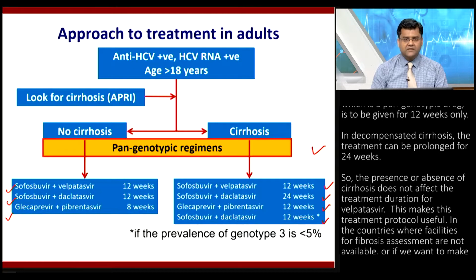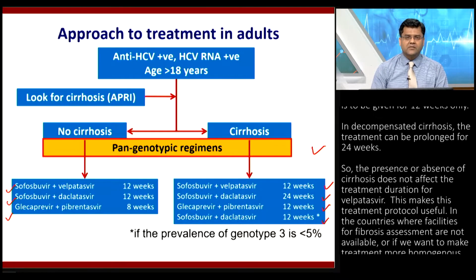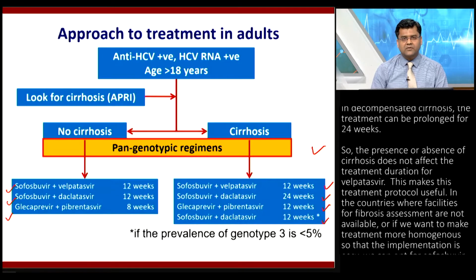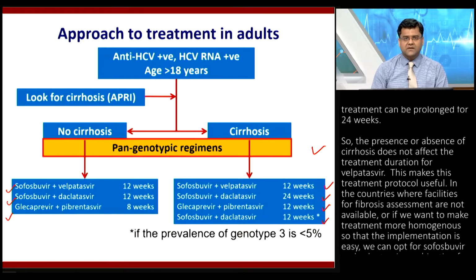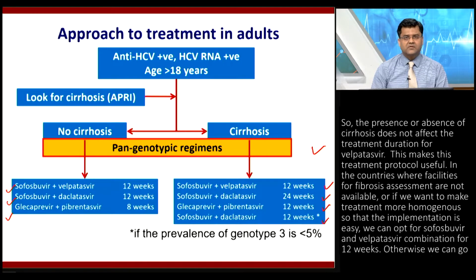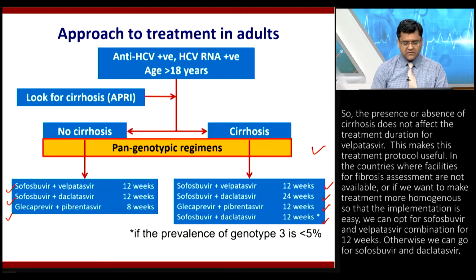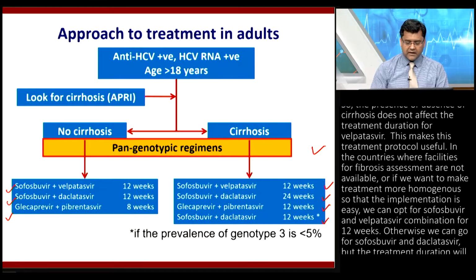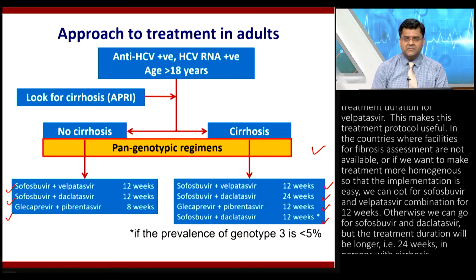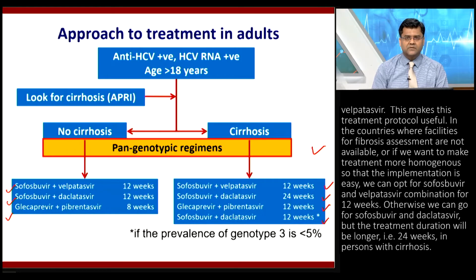So, in countries where facilities for fibrosis assessment are not available, or where we want to make treatment more homogeneous so that implementation is easy, we can opt for the sofosbuvir and velpatasvir combination for 12 weeks. Otherwise, we can go for sofosbuvir and daclatasvir, but the treatment duration will be longer, 24 weeks.